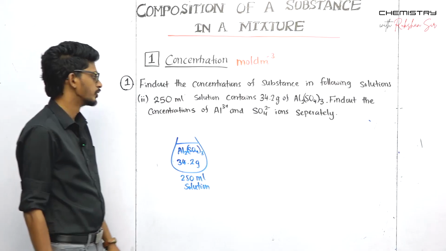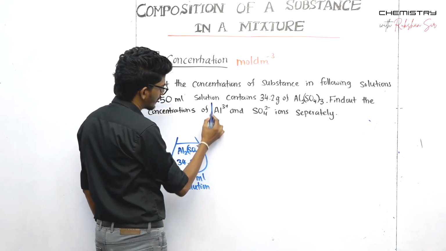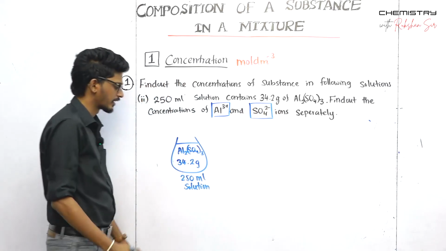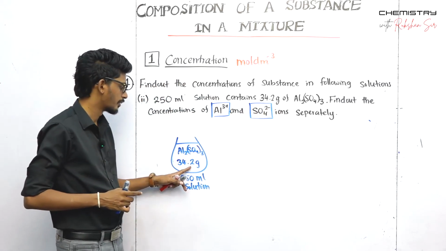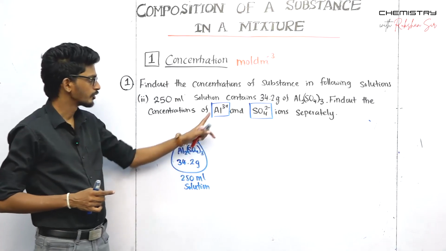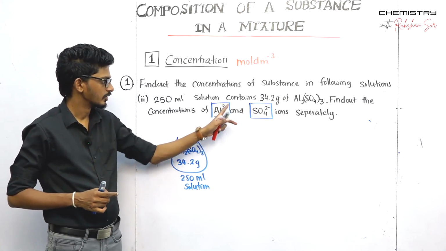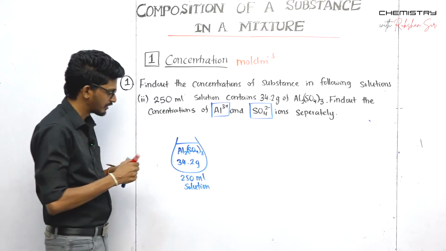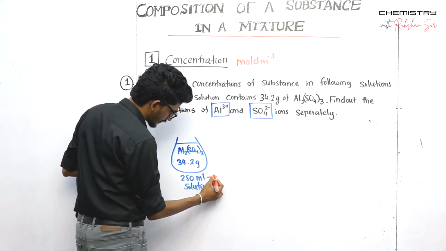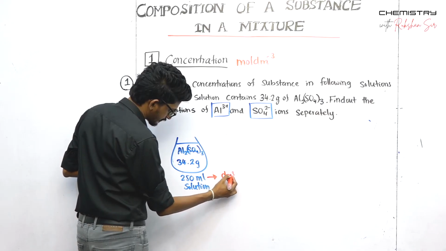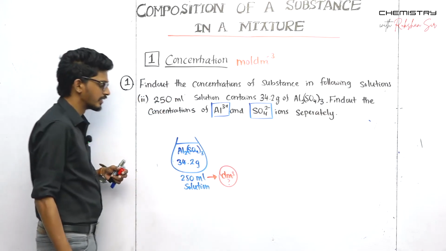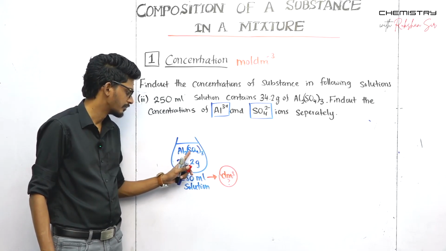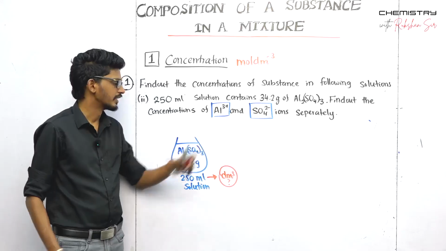They are asking for the concentration of Al3+ as well as the concentration of sulfate ions. First you need to come up with the moles of these two, then you can come up with the concentration by using the dm3 value. This can be easily converted to dm3, and the moles of aluminium and sulfate ions are what they are asking for.